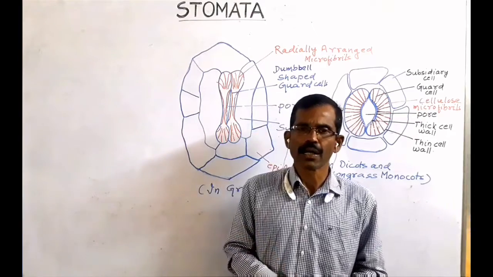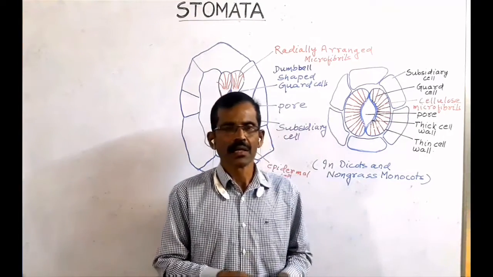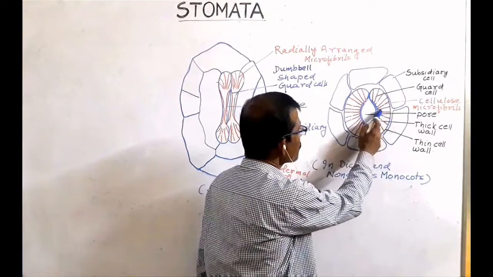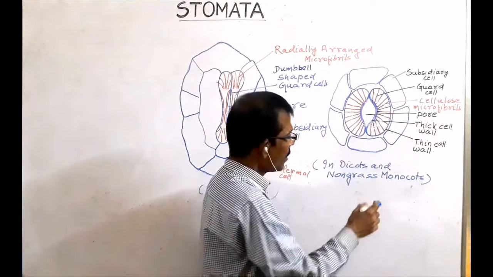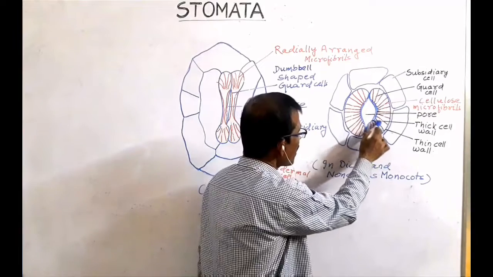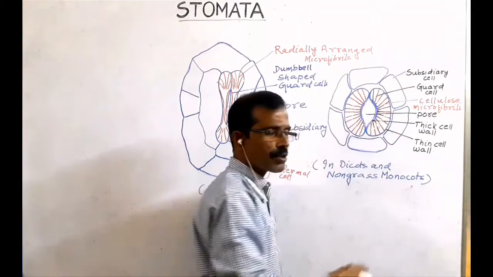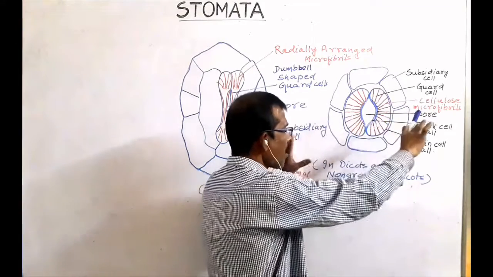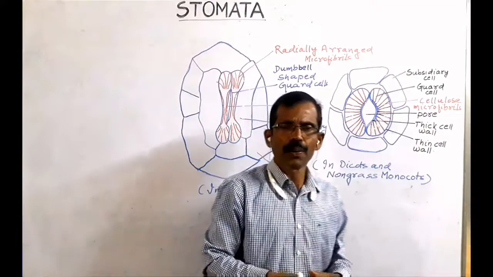The alignment of cellulose microfibrils in the wall of the guard cells play a regulatory role during stomatal movement. In kidney-shaped guard cells, the cellulose microfibrils fan out radially. Due to this radial arrangement of the cellulose microfibrils, the guard cells curve outward during stomatal opening.